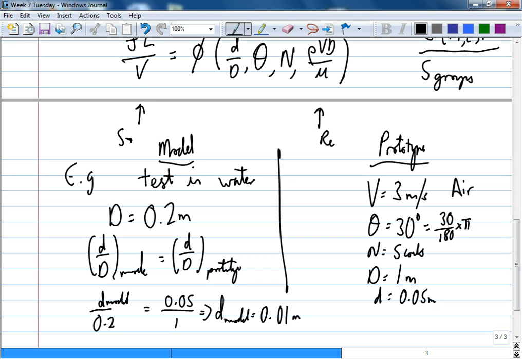First we need to make sure all our input parameters are the same. If you want to test, I make sure small d over big D is the same. Given that big D is 0.2, that's my pipe diameter, I need to go out and look for a wire diameter of 0.01.